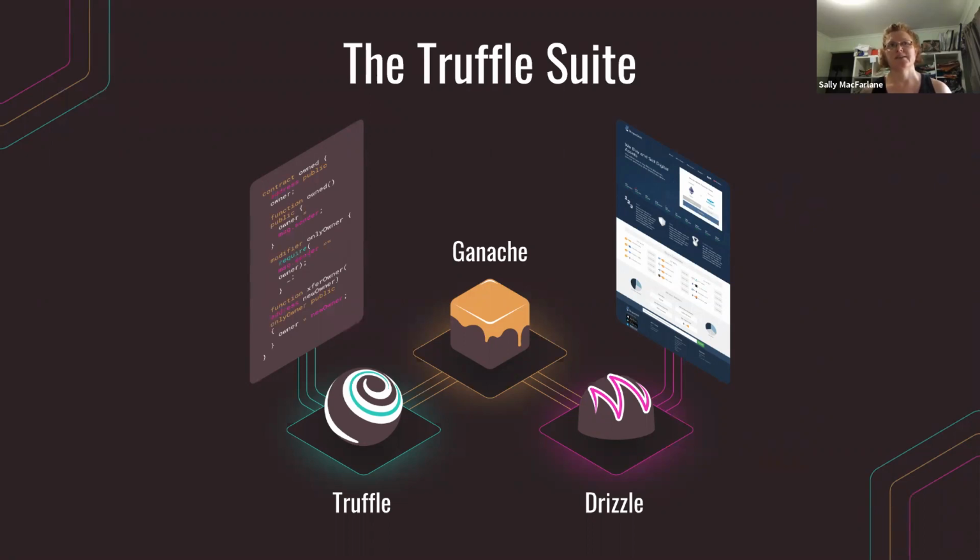Ganache is basically a test blockchain. It's not a real blockchain, but it behaves like one, with the added bonus that it's really nice and fast, so it's really good for using while you're developing your smart contracts. And then Drizzle provides the front end piece, the UI that interfaces into your smart contracts at the back end.